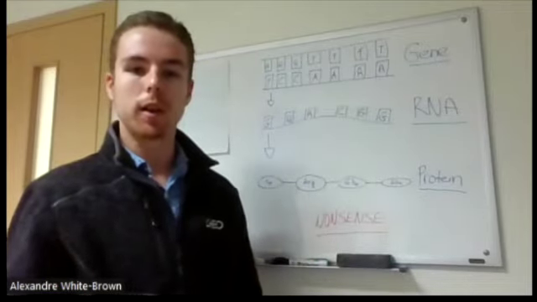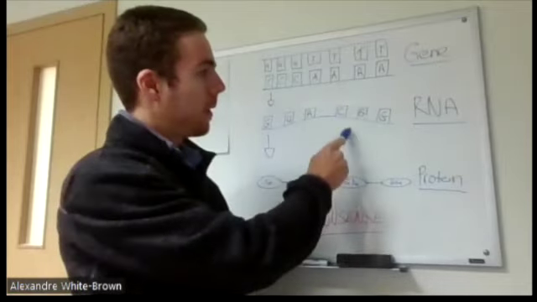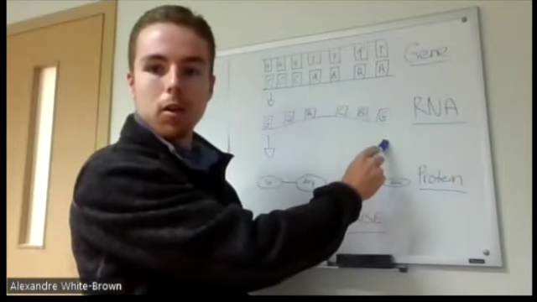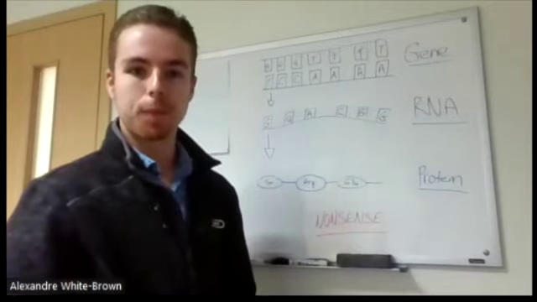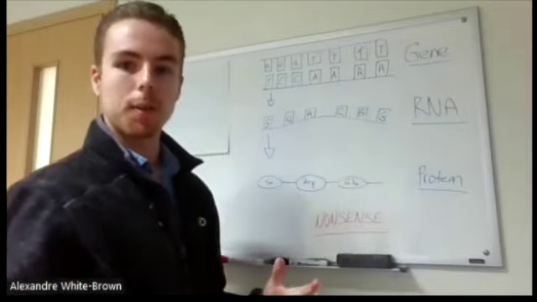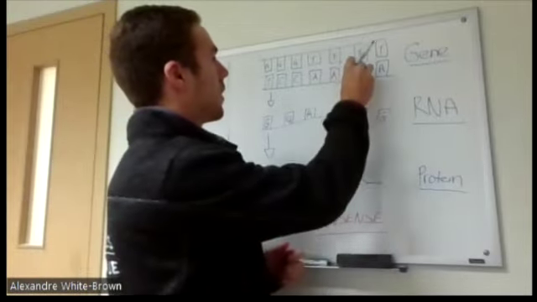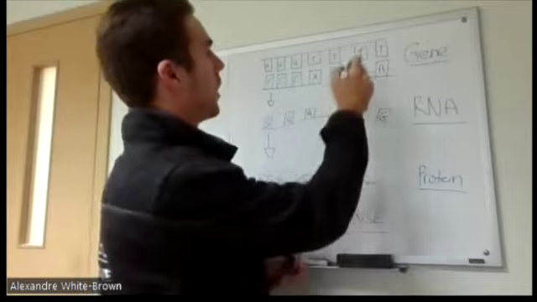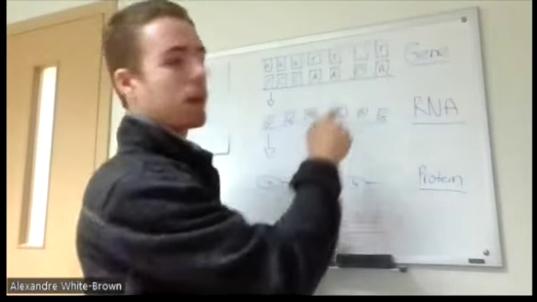However, the consequence of that single nucleotide change is that the RNA stops early, and therefore we end up with a truncated protein. So once again, for example, let's say our A here gets changed to a C. Subsequently, we have a G up here.